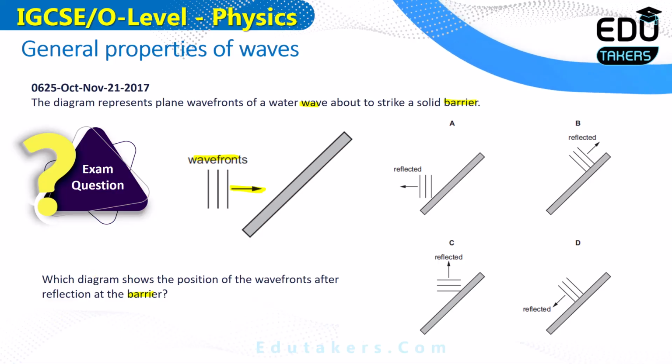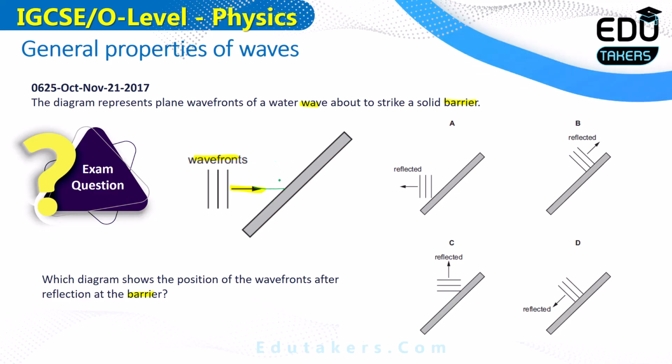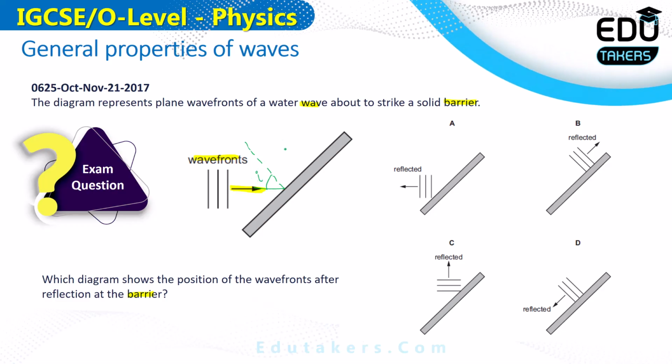When you have to find out the direction of the reflected rays at the barrier, what do you need to do? First of all, you can see here the incident ray is going in the horizontal direction and strikes the barrier. At this point, you need to draw the normal line. The normal line is this line, which is perpendicular to the barrier. Then you need to draw the reflected ray such that the angle of incidence also equals the angle of reflection.